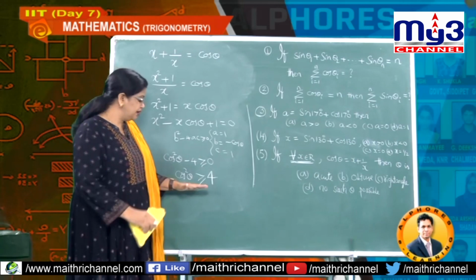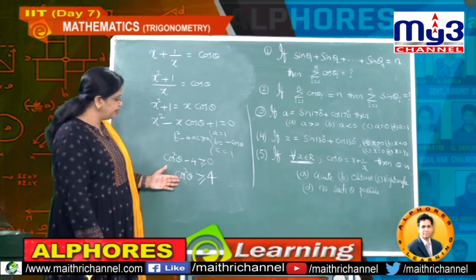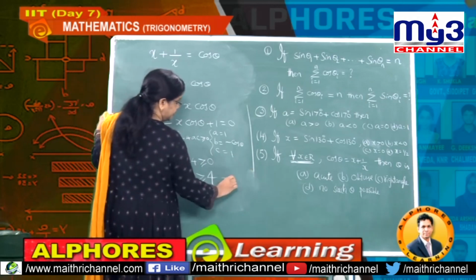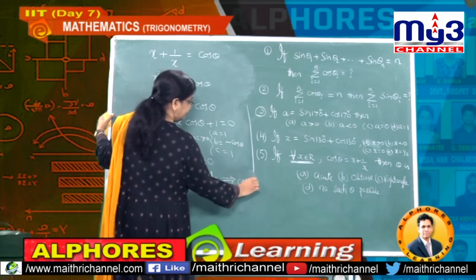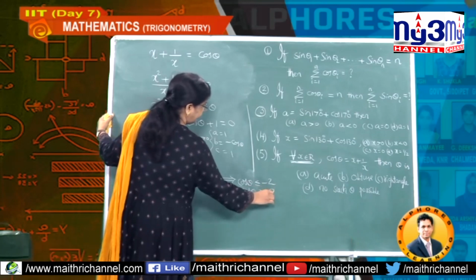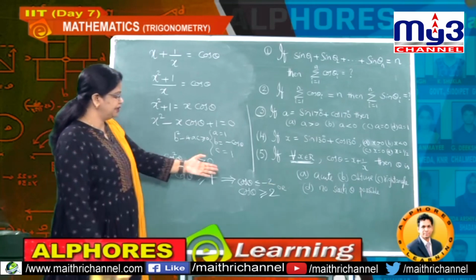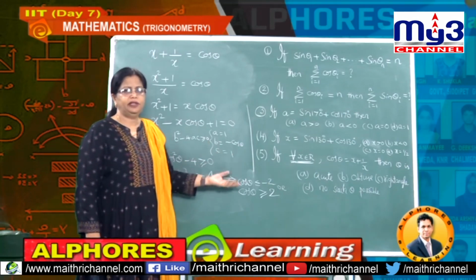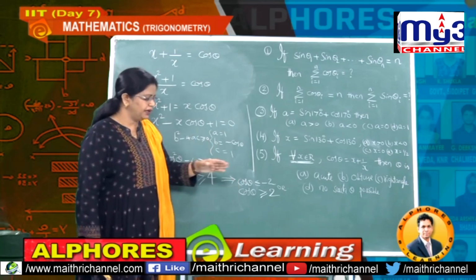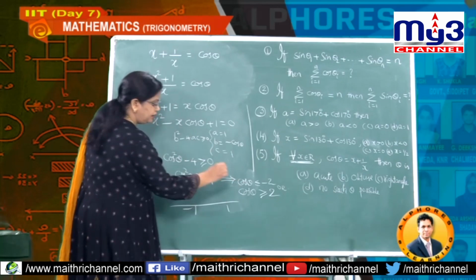But cos can only take values between minus 1 and 1, and you got more than 4. That implies cos values are less than or equal to minus 2 or greater than or equal to 2. Any of these can be possible. Now you observe it is not at all within the range of the cosine function. Cos can take only values between minus 1 and plus 1.